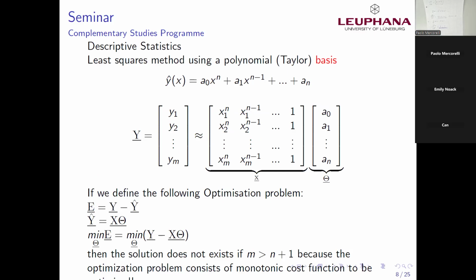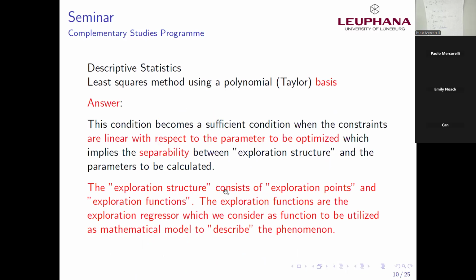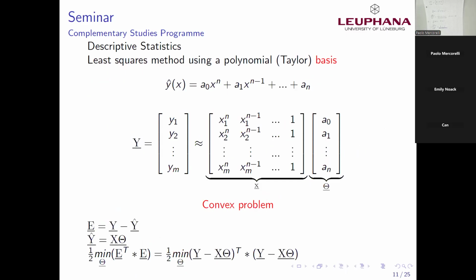And then I can speak about the convex optimization problem. What is the convex optimization problem? It is a problem in which we have just one solution. But of course, it could be convex also in some regions. Just so we understand again what the convex optimization problem is, I already told you now.